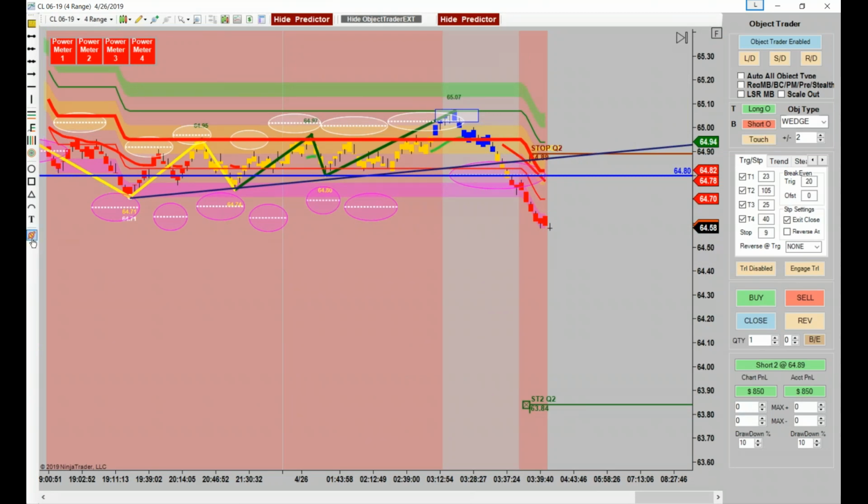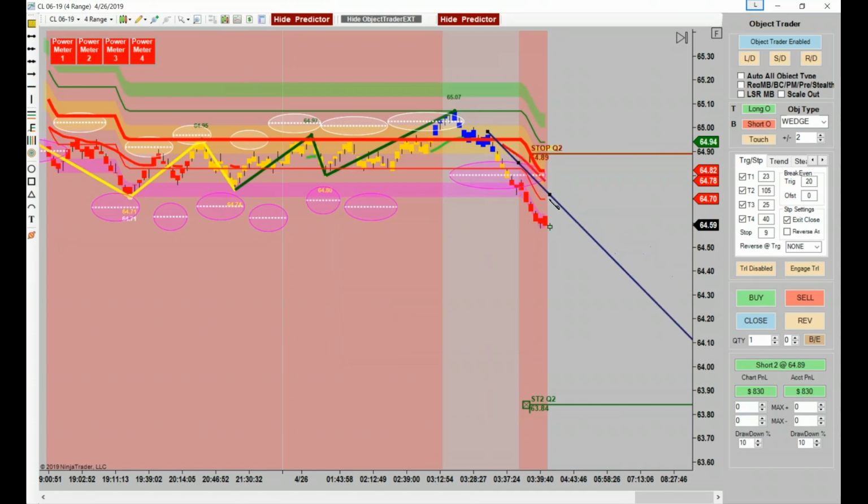So you could actually do like a wedge along those tops. And if they do decide to touch above that by 2 ticks, you could go ahead and scale out of 1.